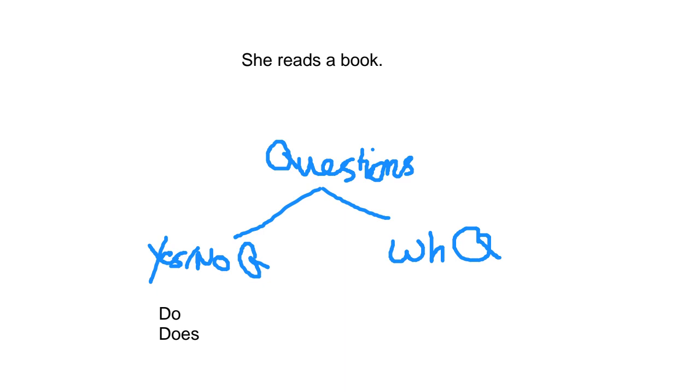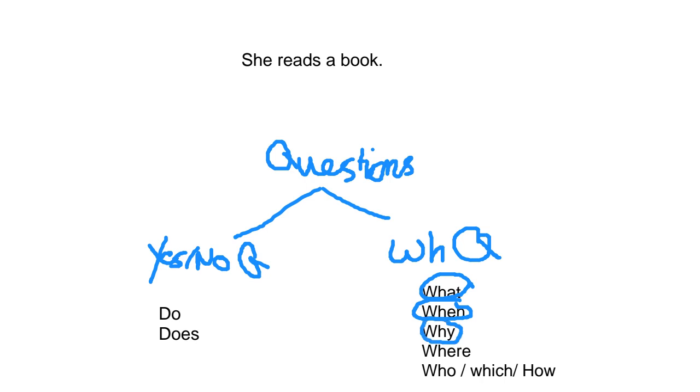So if you look at the word what, it is usually used to ask about things. When is used to ask about time. Why is used to ask about reason.